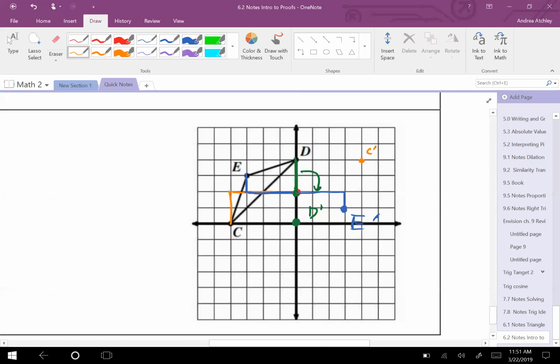And that would be my C prime. So this would be my triangle if I rotated about that point. Any questions over that?